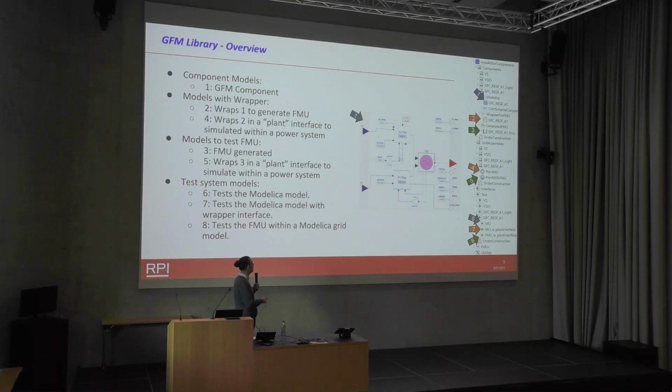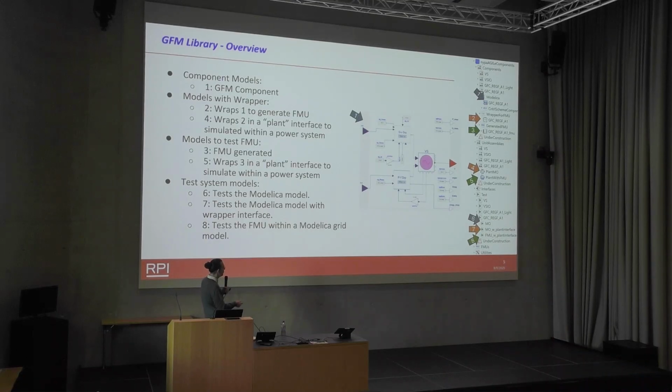They say that it's FMI, but yeah, it's an FMI package, but the way that you have to package it is very specific. Here you see the generator FMU that I have. Then I have models to test the FMU. So here, I put it inside of a Modelica plant, I call it, which is basically going to allow me to connect these electrical terminals to a power grid model.